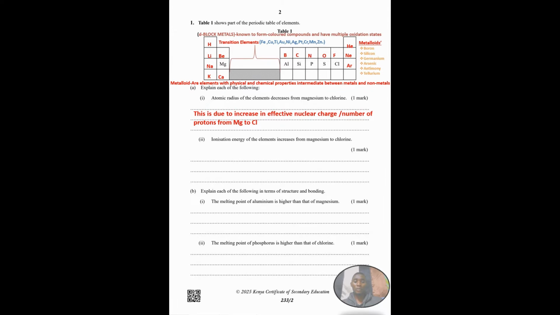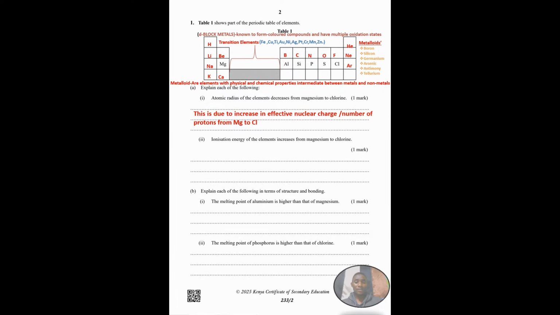So as we move across the period from magnesium to chlorine, there is a decrease in the atomic radius, and this is due to the increase in effective nuclear charge from magnesium to chlorine. And we have said it's because of the increase in the number of protons that increases the effective nuclear attraction of those elements.